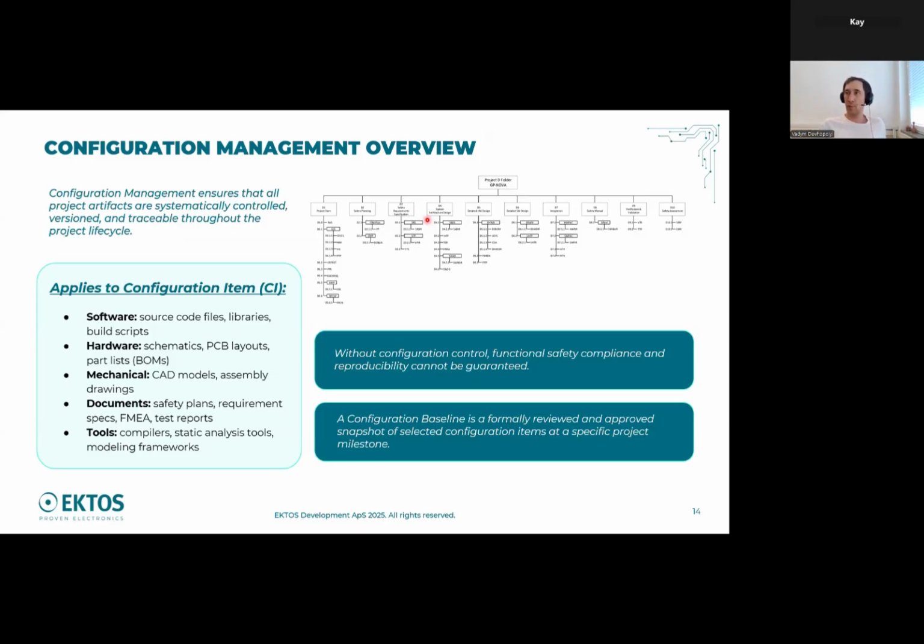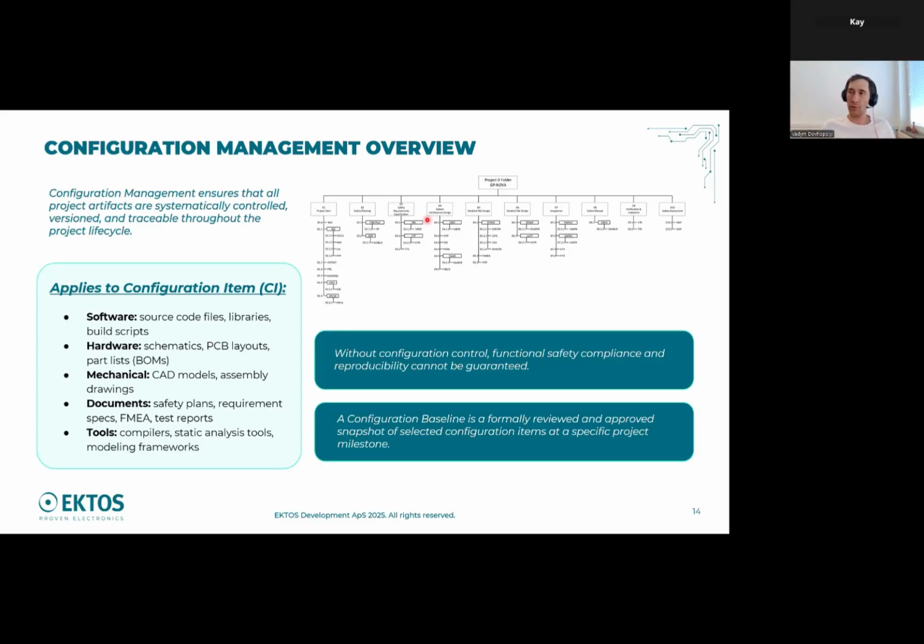The configuration management plan enters, and it needs to establish, first of all, the structure of your library for the project, how to store the data, and identify all the configuration items. A configuration item means any artifact you need to store and that you develop during the life cycle.